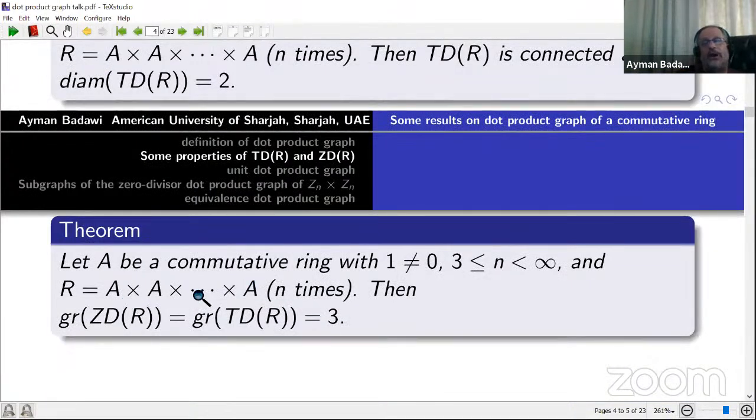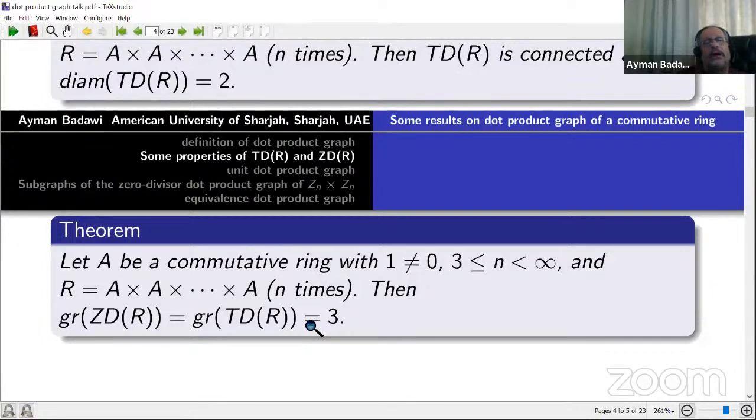And here is another property for the dot product graph. Here n, because I already studied the case when n equals 2 in the previous part. So here, what about if n is between 3 and infinity? The conclusion is that the girth of the zero dot product graph is the same as the girth of the total dot product graph, which is 3.